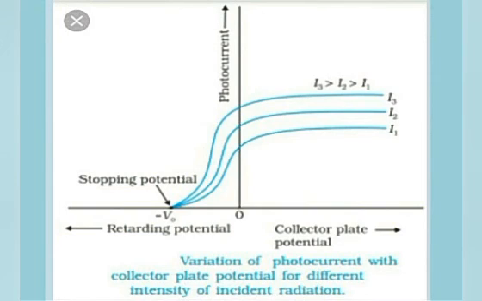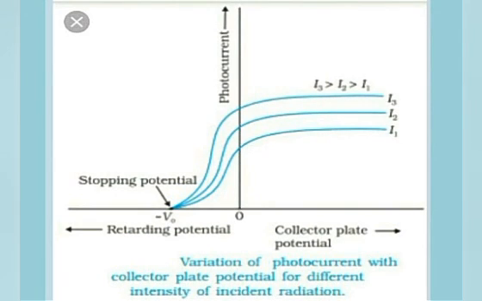Then we notice in the graph that the stopping potential V0 is the same for all 3 intensities of light. This means V0 does not depend on intensity.